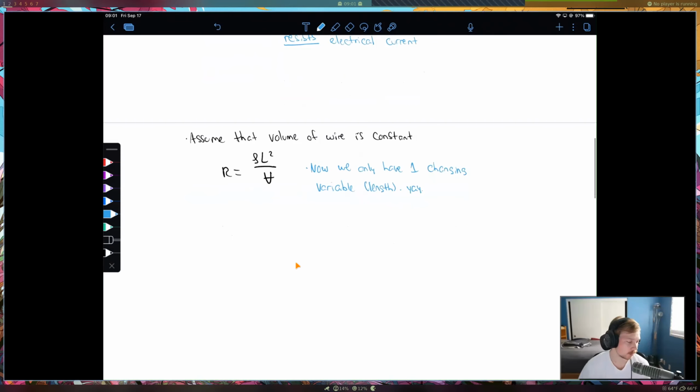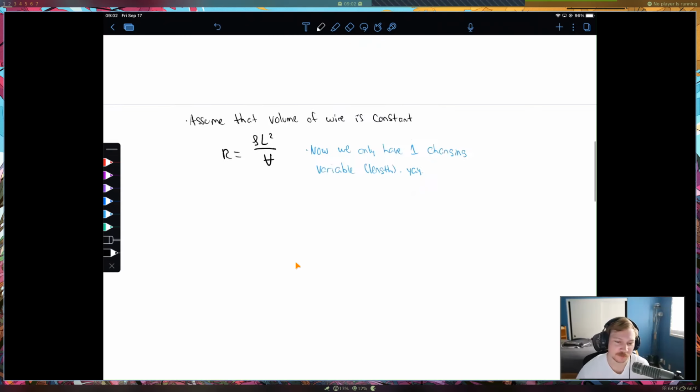Okay, so again, we want to rewrite this so we get a change in resistance. So that's going to be a differential that we want to get to. To get there, we're going to take the log of both sides here. I don't know the last time that you talked about how to do logs, probably high school.